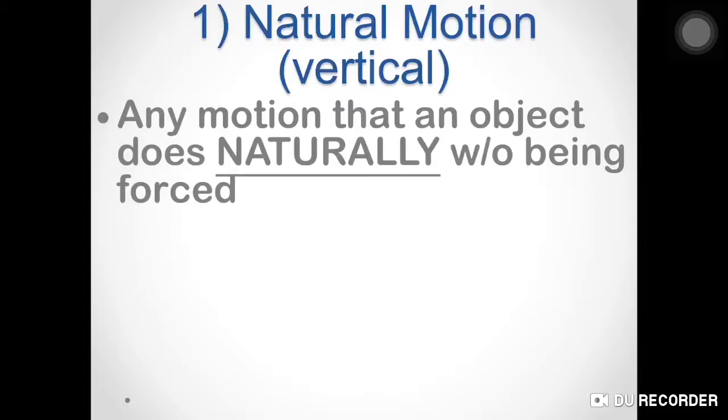It naturally falls down towards the ground without being forced when it is ripe already, diba? Well, it will also fall down if someone would throw a stone or hit it. Iba, that is not a natural motion already, because it is being forced to fall.